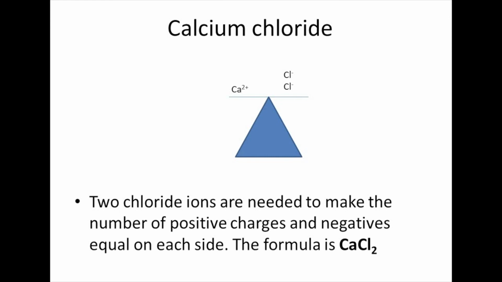They're the same size. 2 chloride ions are needed to make the number of positive charges and negatives equal on each side. So the formula this time is Ca, because I need 2 Cls, it's Cl2, and the 2 is subscript. Okay?